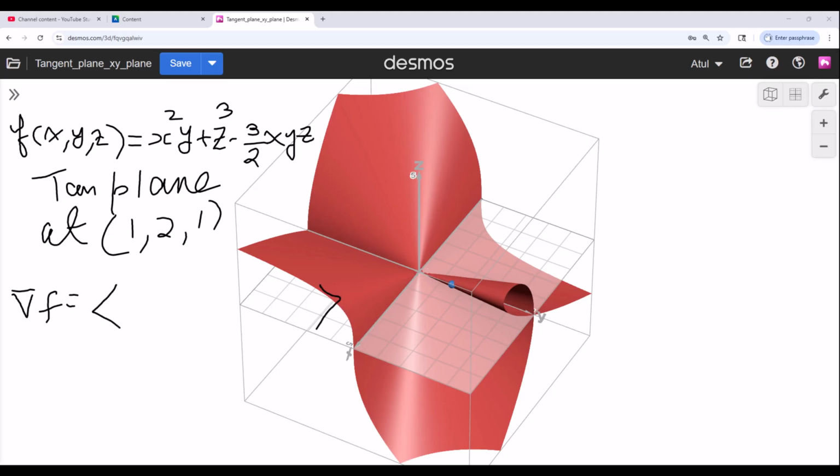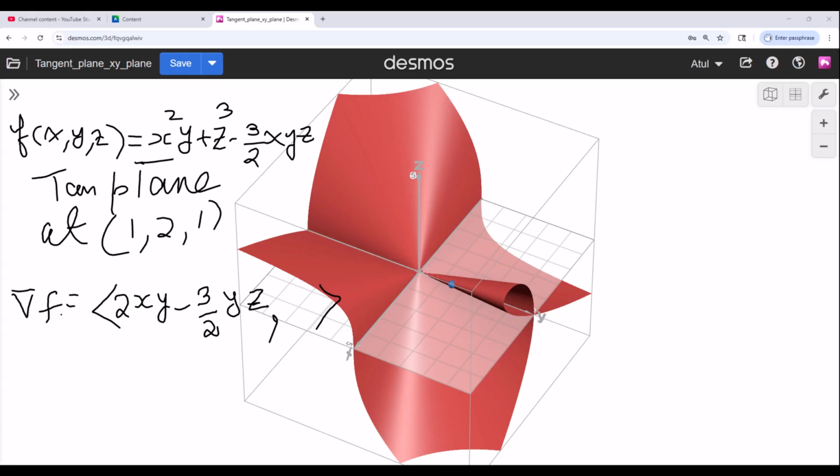So if we do that, first let's differentiate f with respect to x. That is going to be 2xy, then the z cubed derivative would be 0, minus 3 over 2 yz, then comma.